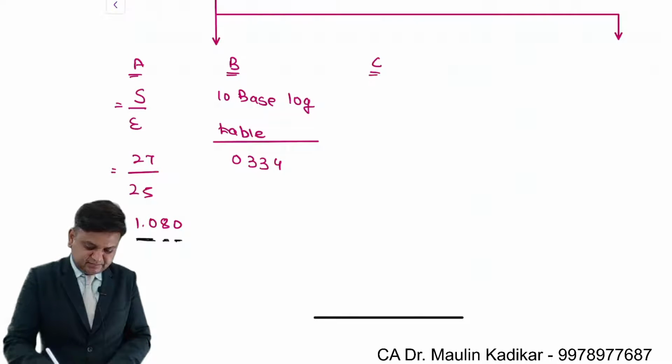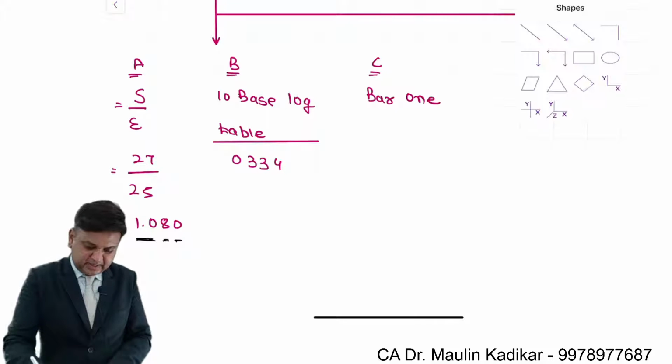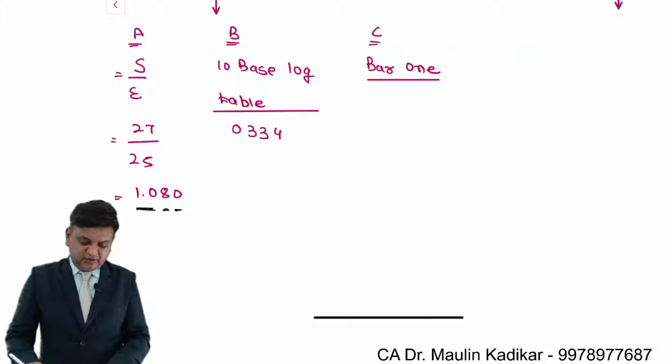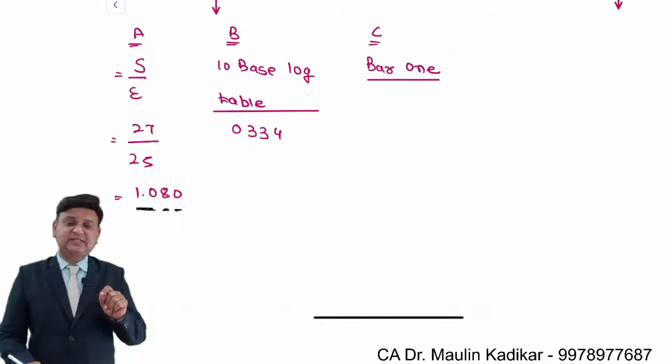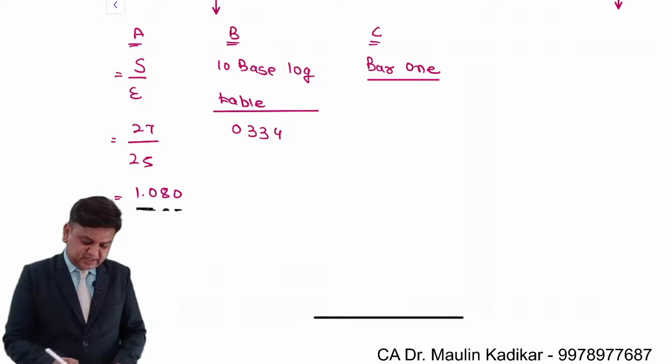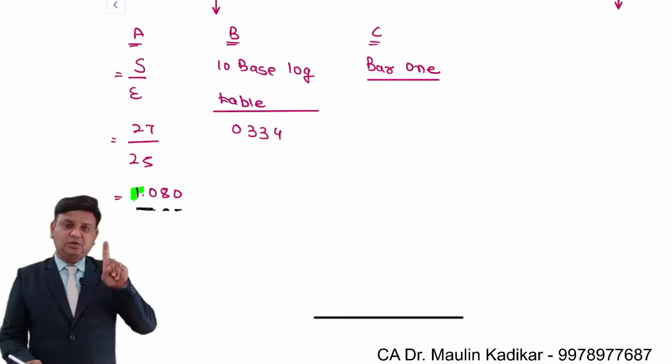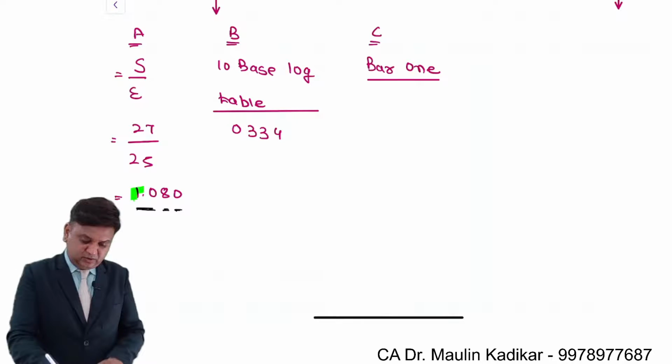Step C is the Barban procedure. In the Barban procedure, we have to see how many digits are there before the decimal in S divided by E. That is 1 digit before the decimal. So 1 minus 1 is 0.